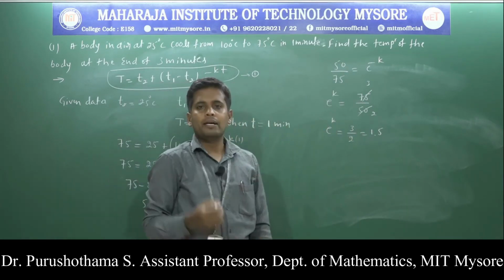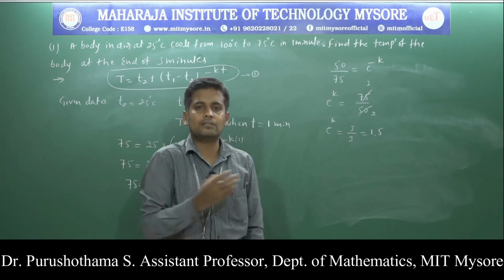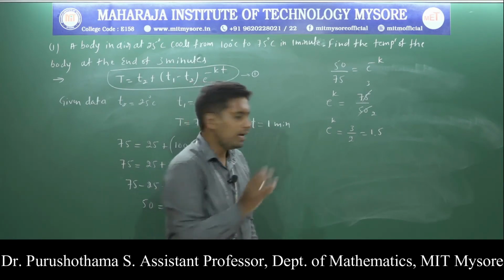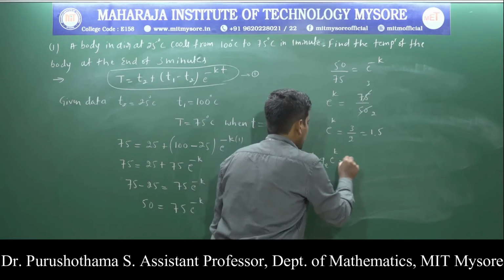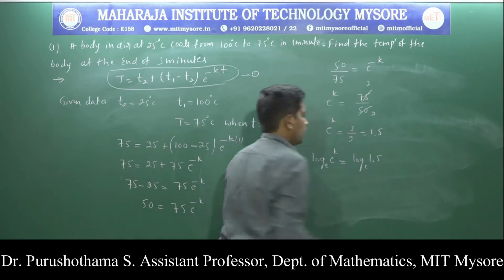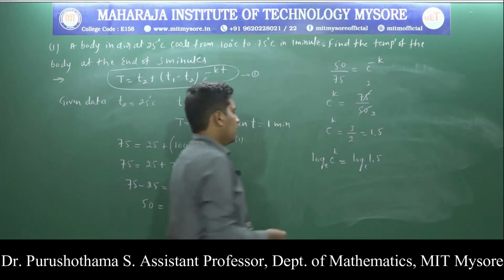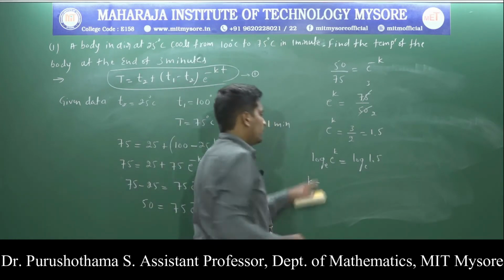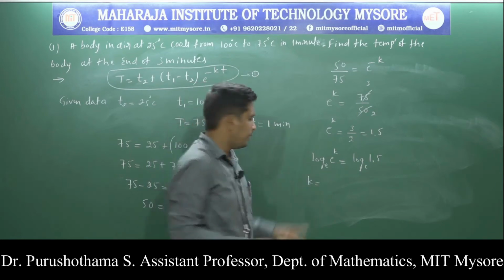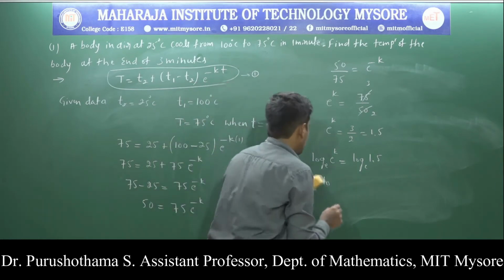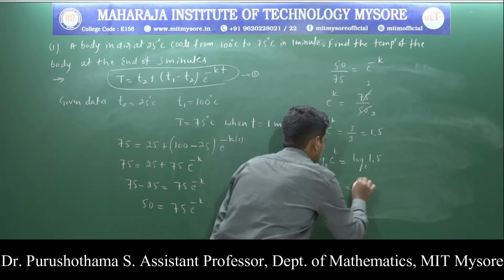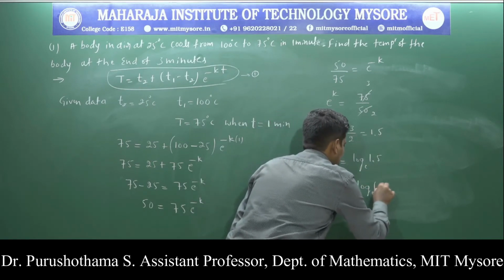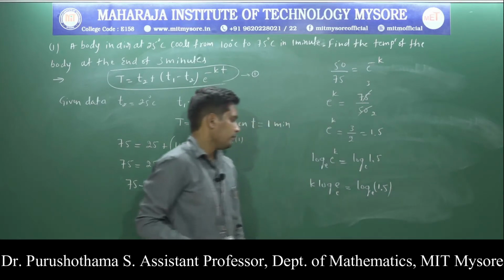In the next step, take log on both sides, meaning the natural logarithmic function on both sides. Therefore log of e power K with base e is equal to log of 1.5 with base e. Here I am going to use the logarithmic property: K into log e with base e is equal to log base e of 1.5.